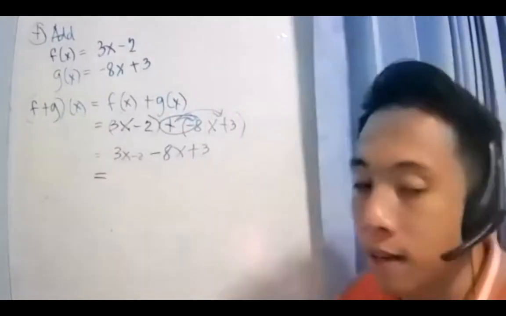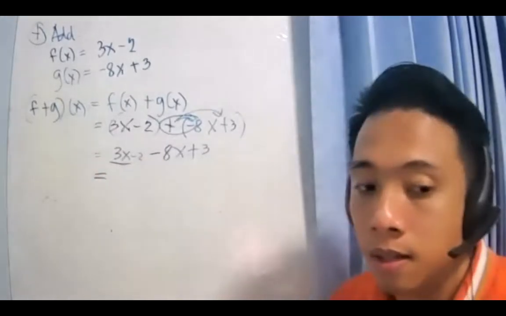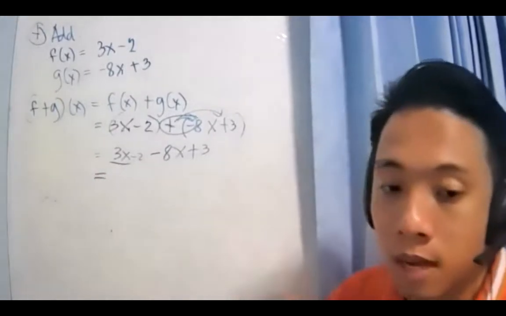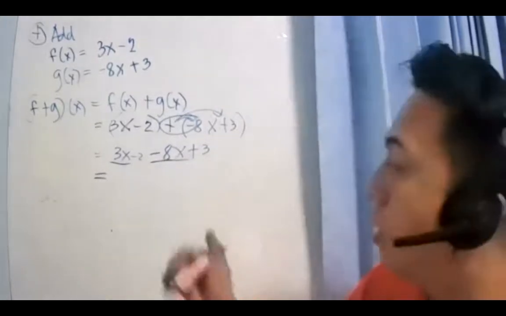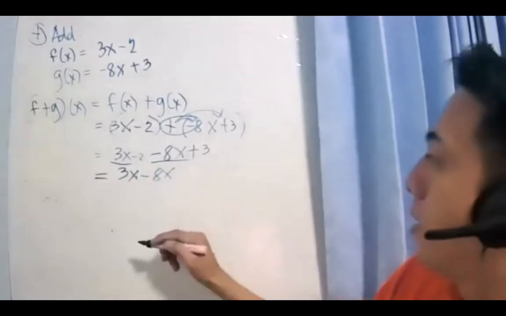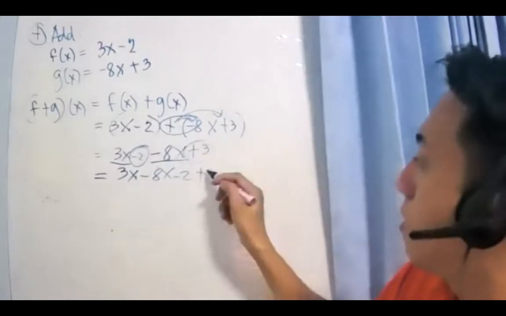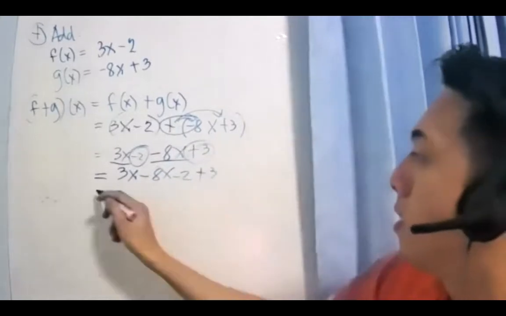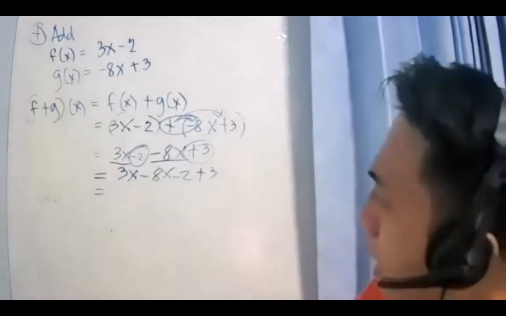Now let's combine like terms. The 3x has only one exponent of x. Of course, we have negative 8x. So I will put them together. So 3x minus 8x. And then I will just copy this. Minus 2 plus 3. It's because they are the numbers without variables.